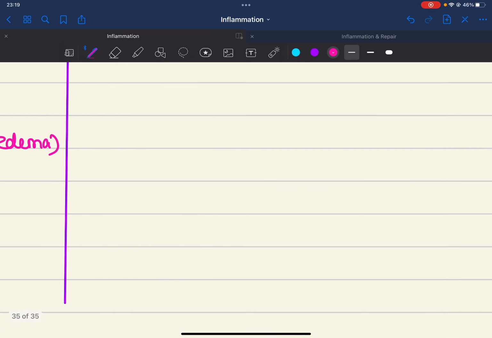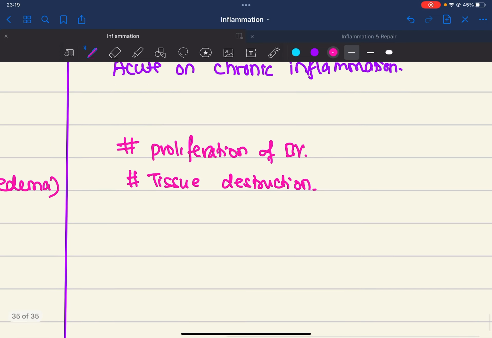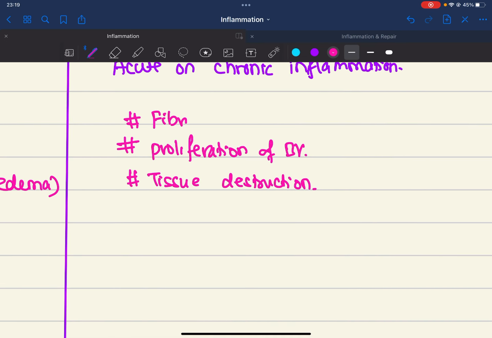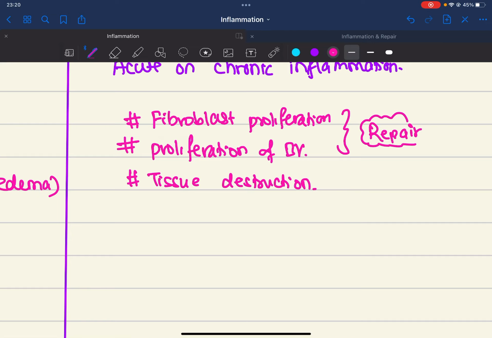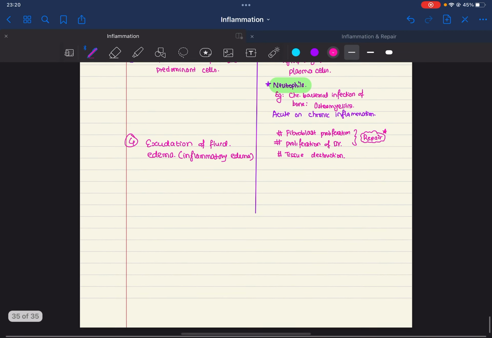It's not associated with edema, but it is associated with proliferation of blood vessels, tissue destruction, and fibroblast proliferation. That means these are repair mechanisms.